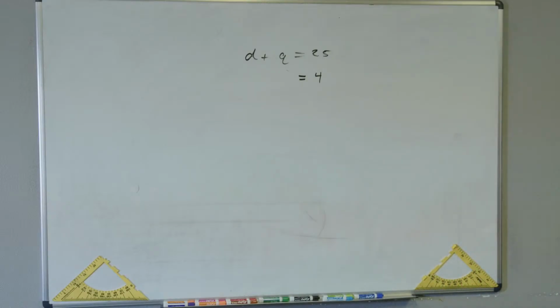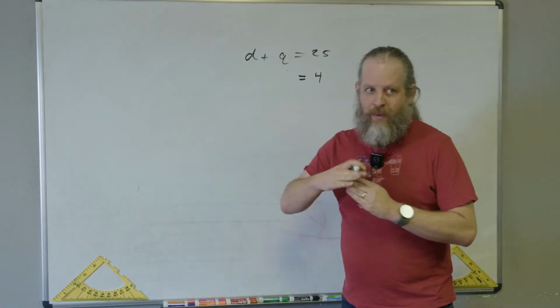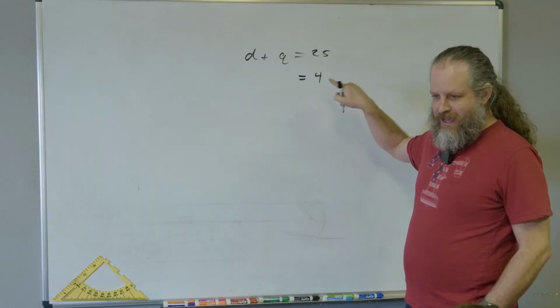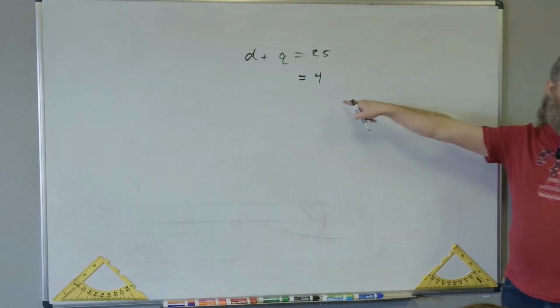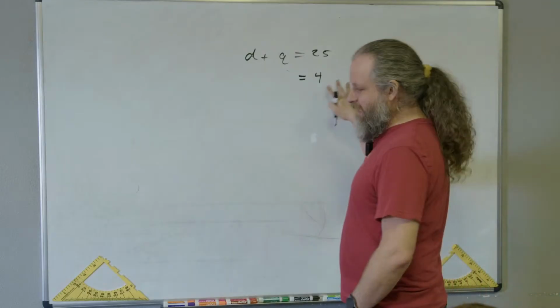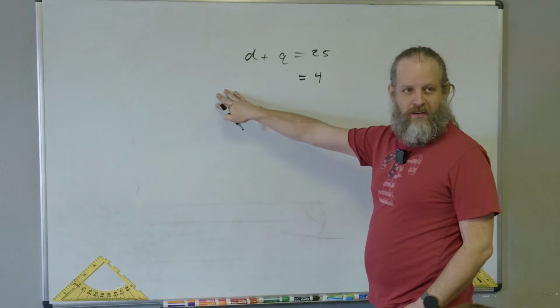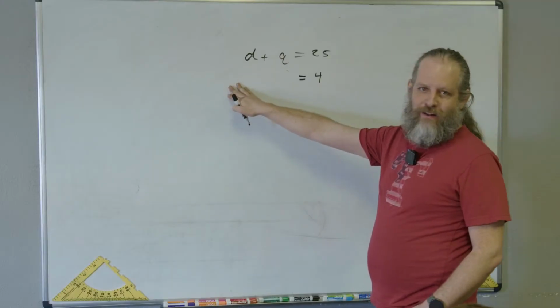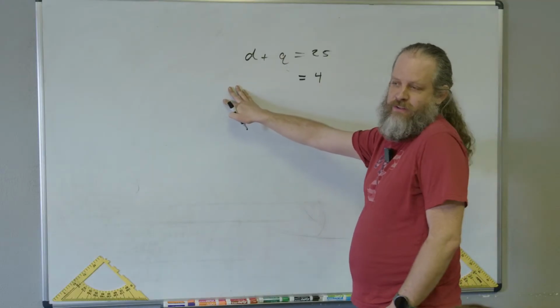How many cents is a dime? 10 cents. Now, hold on, time out. This 4, is that in dollars or is that in cents? That's in dollars. So I have 2 options. I can either make this a 400 and make this a 10, or I can make this in dollars. Either one is fine.